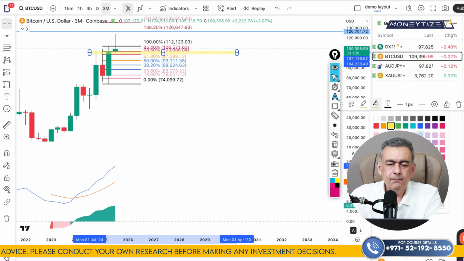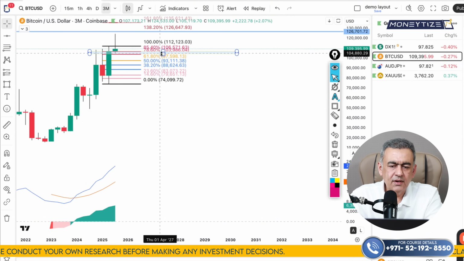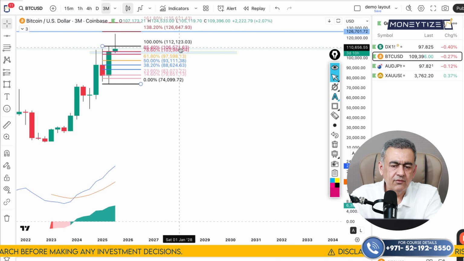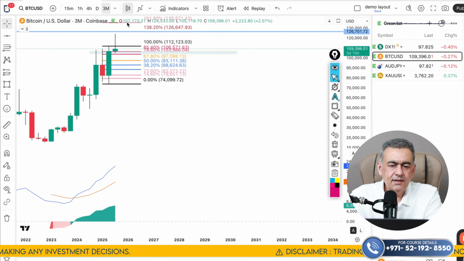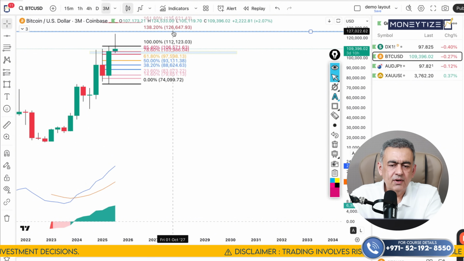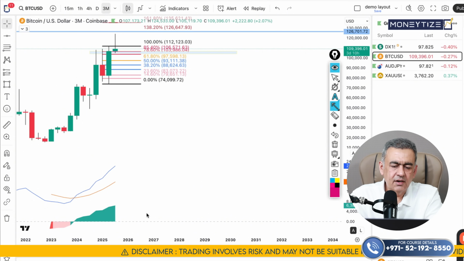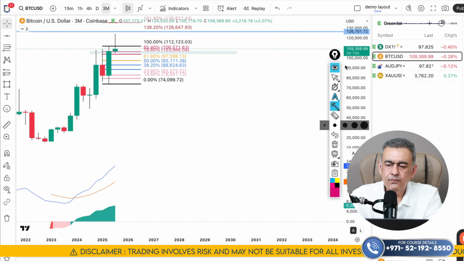So we can say that the strong support is around 103 or 104 to 106,500, and the resistance is 126,647. And the environment on the 3-monthly chart is extremely bullish.